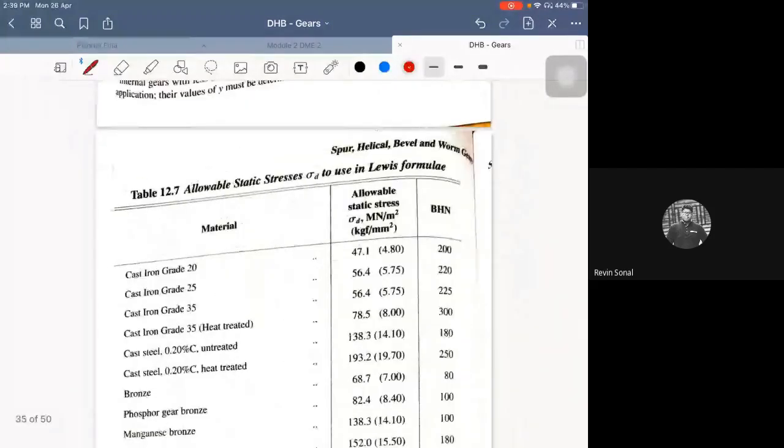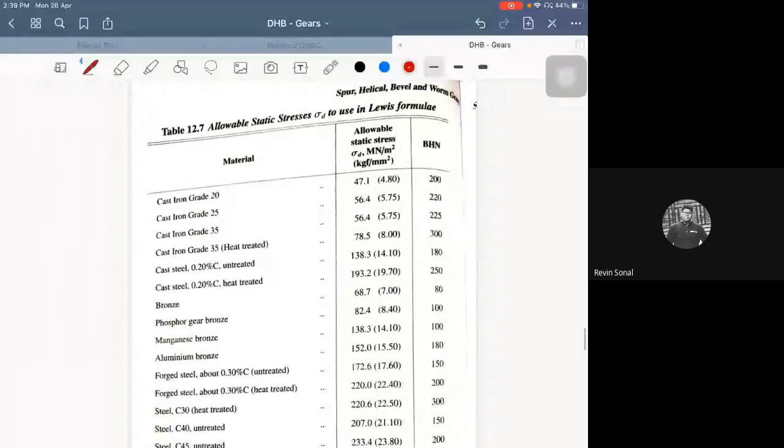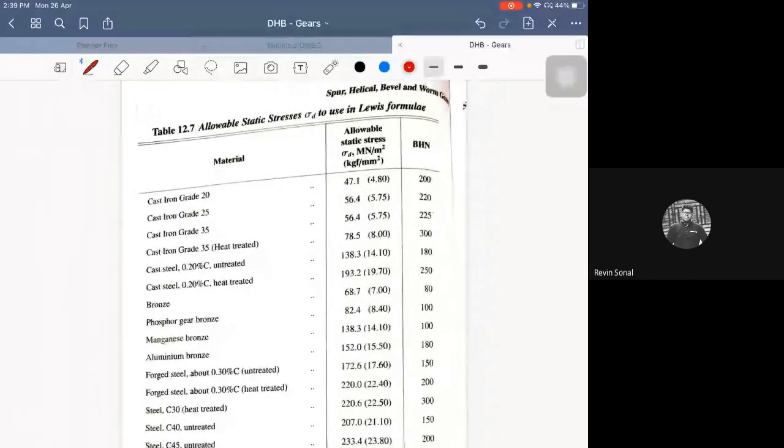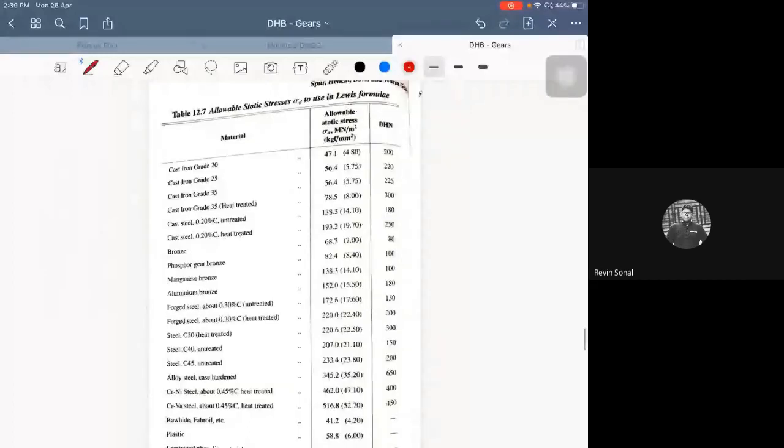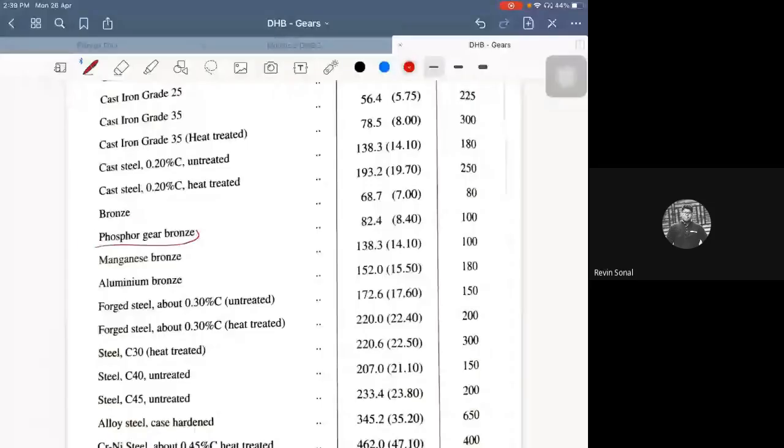Yes, this is the page, I guess, right? 12.7. So here it is. Now, see, allowable stress: suppose in the problem the pinion material is given as phosphorus gear bronze, then you have to take this particular value. So this is the table through which you can take the design stress if it is not given. Since it is given in the problem, my intention is to know in what unit I have to substitute.